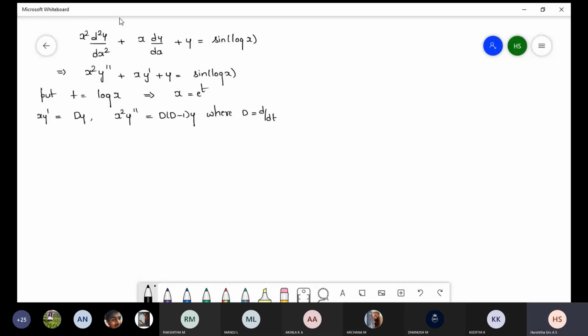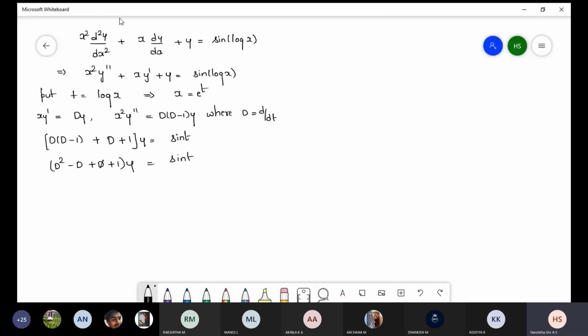Now, substitute in the above equation: d into d minus 1 plus d plus 1 whole into y is equal to sine t, because log x we have mentioned as t. So d square minus d plus d plus 1 whole into y is equal to sine t.